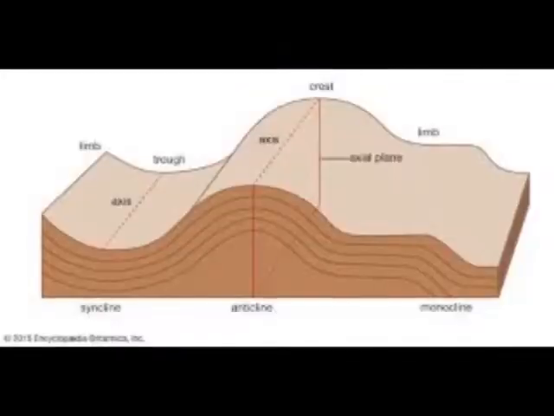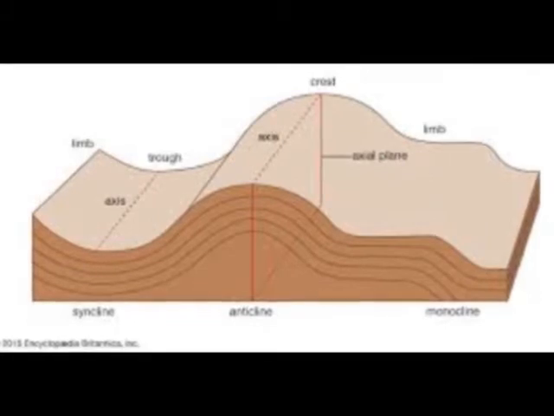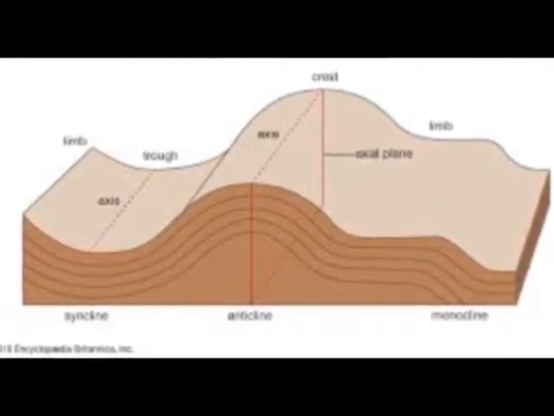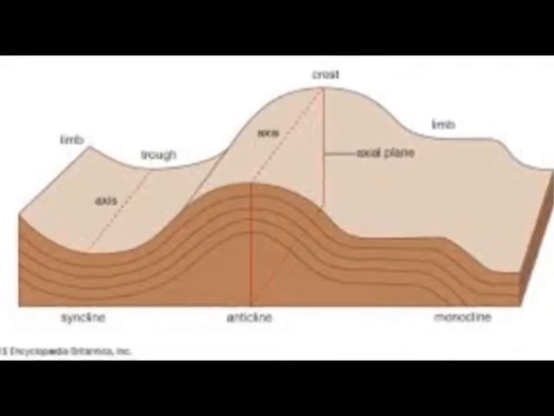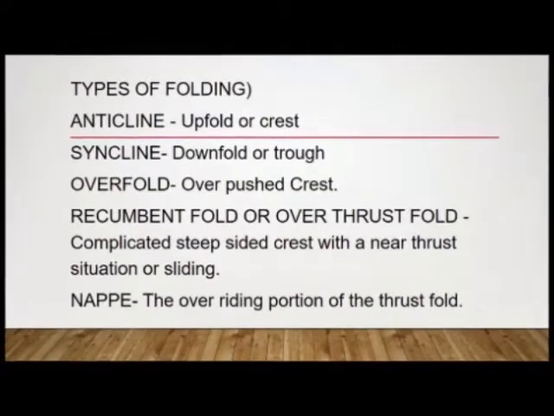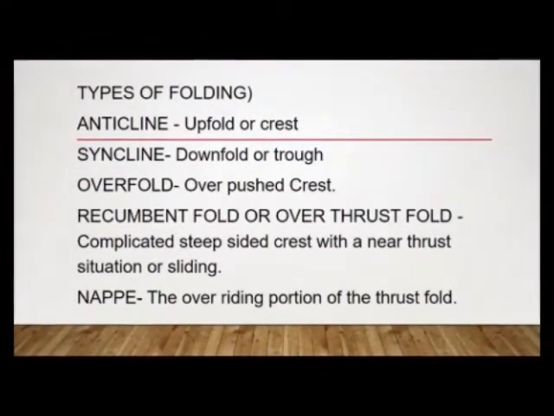Some parts will be extended upward, while some parts will be going downward, forming a trough. So the part that is extended upwards or protruding upward will form a crest. That crest that is high will be called an anticline.